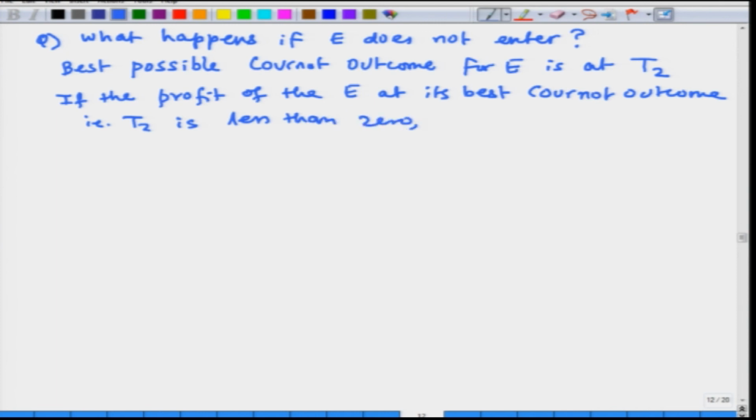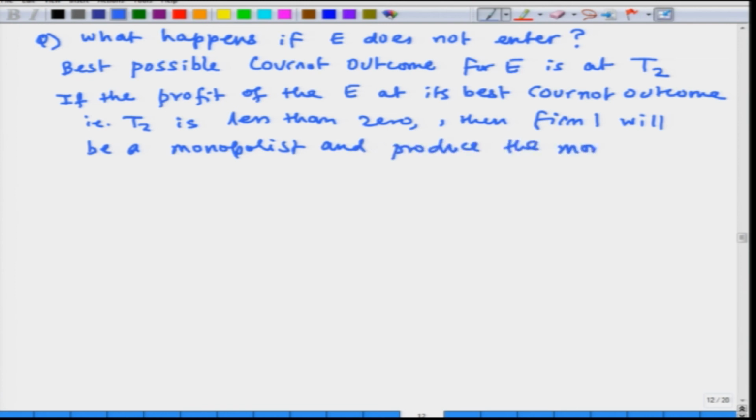Perhaps the fixed costs are so high that even at its best Cournot outcome, firm 2 finds that its profit is going to be negative. Then firm 1 will be a monopolist and produce the monopoly output.